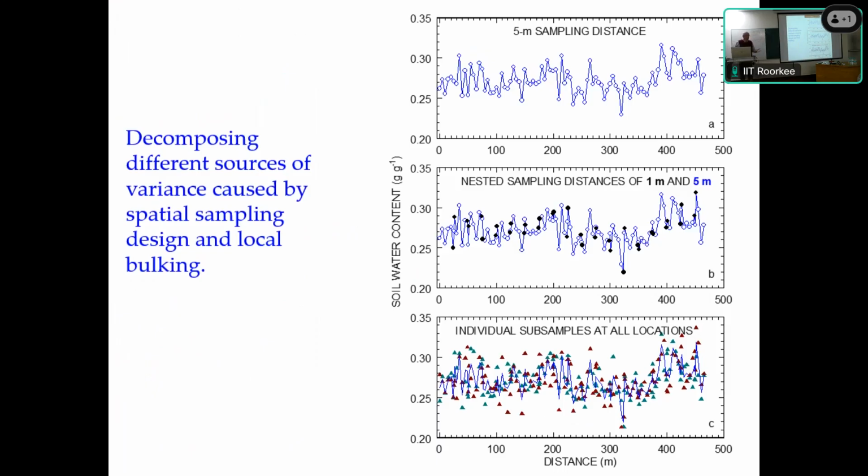I had no clue how close together I can put them, how many tubes I needed to purchase to cover that landscape. Since I did not know whether 5 meters is not already at the pure nugget level, I had some points where I also took a sample a meter away from the 5 meter point. So every few points, I had an additional one that was 1 meter away.